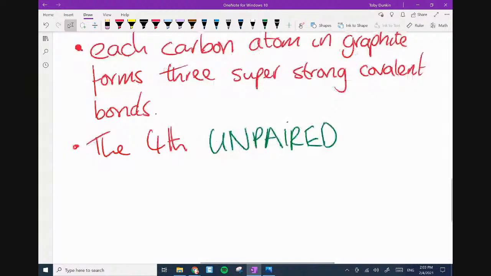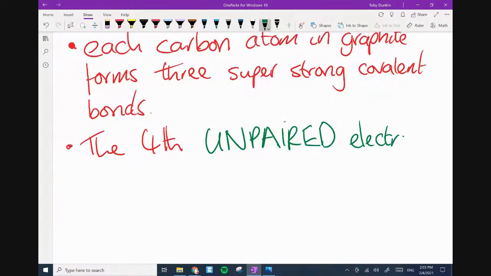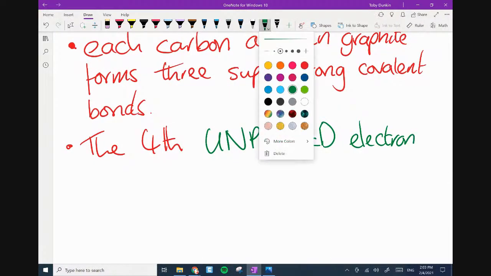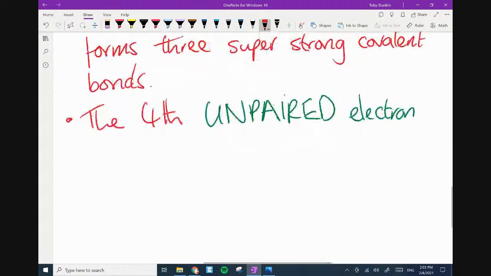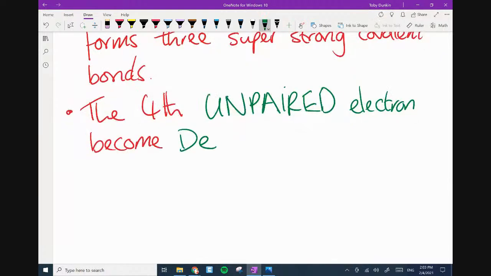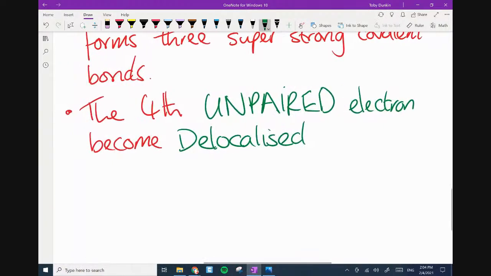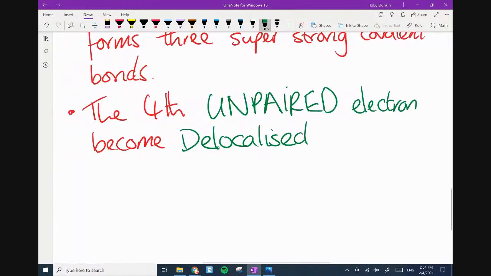The 4th unpaired electron, change back to red, becomes delocalized, which means disconnected. I missed the S out.